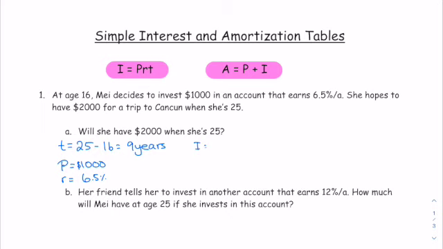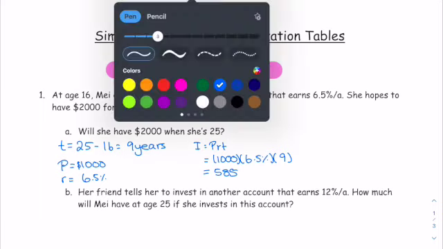Finally, we can put that into our first equation and figure out the interest made. Make sure when you're putting it in your calculator that you are actually pressing the percent button. This will give you 585.